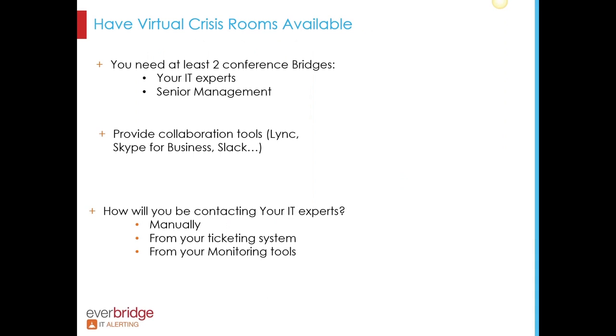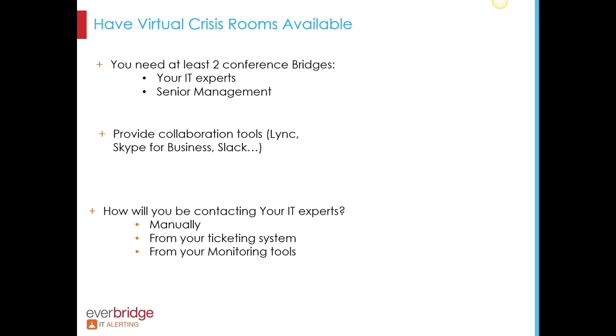Next thing you need to do, you need to open at least 2 virtual crisis rooms for every major incident. You need at least 2 conference bridges open, one for your technical experts, the people who are going to be working on fixing the issue, and one for your senior management. Why 2?